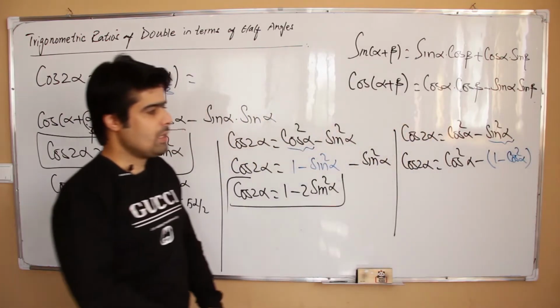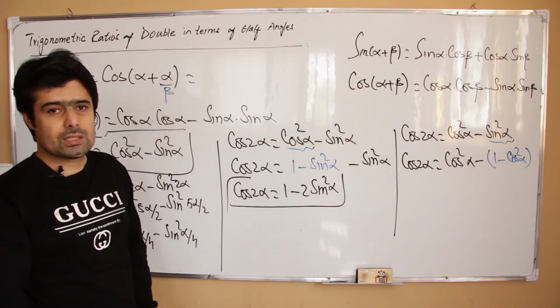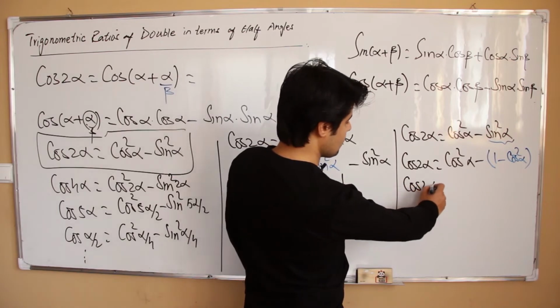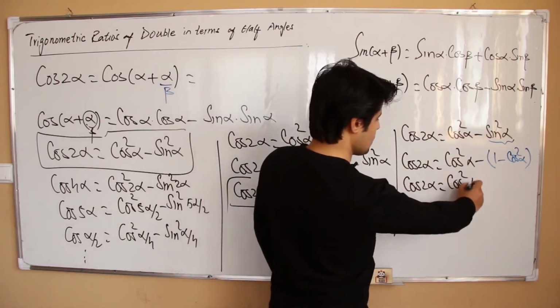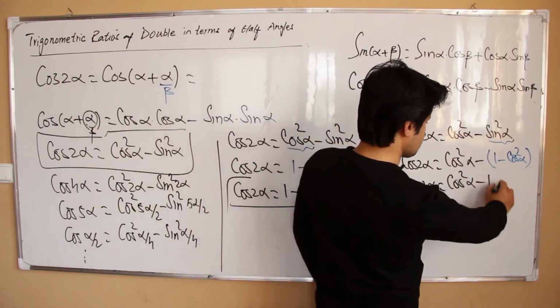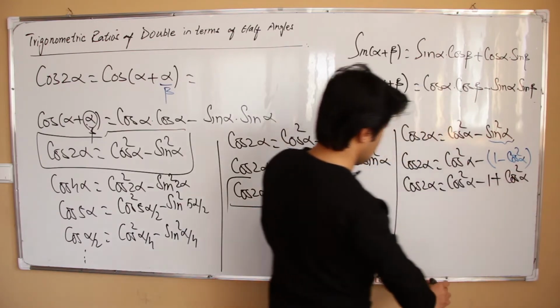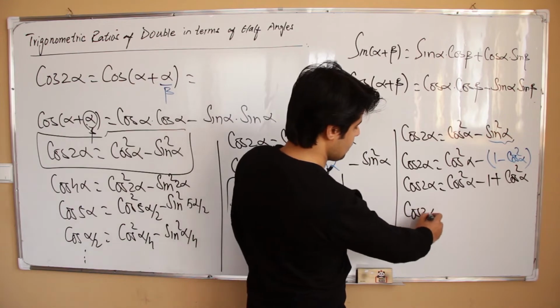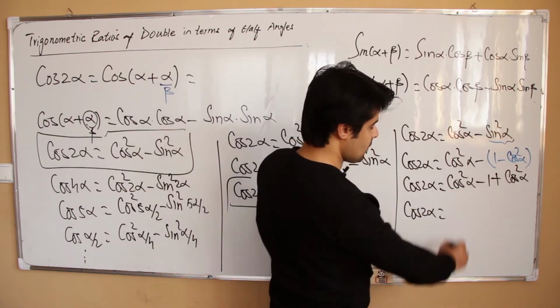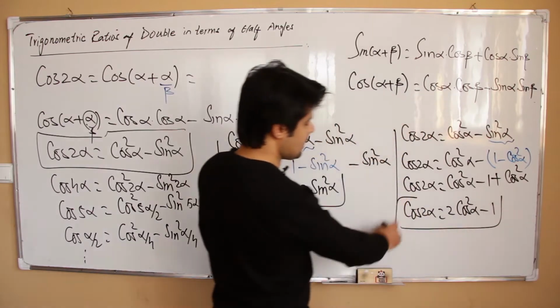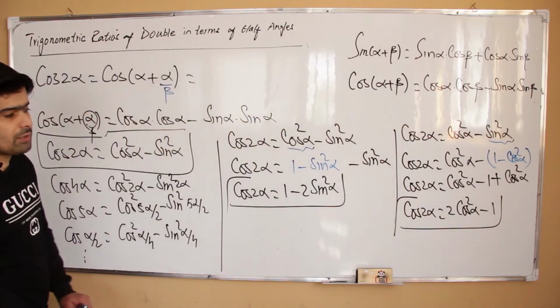Instead of sine square, can we write 1 minus cosine square of alpha? Yes, we can do. So open the bracket: cosine of 2 alpha is equal to cosine square of alpha minus 1 plus cosine square of alpha. Now cosine of 2 alpha is 2 cosine square of alpha minus 1. This is another change that we can have for cosine of 2 alpha.